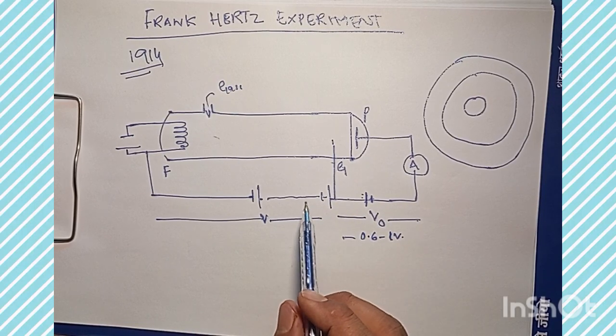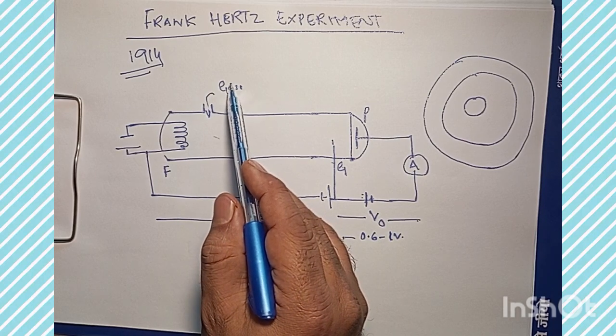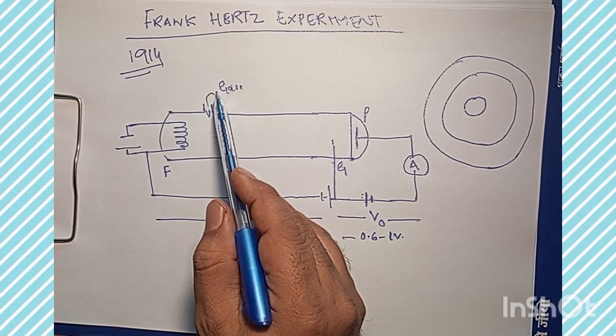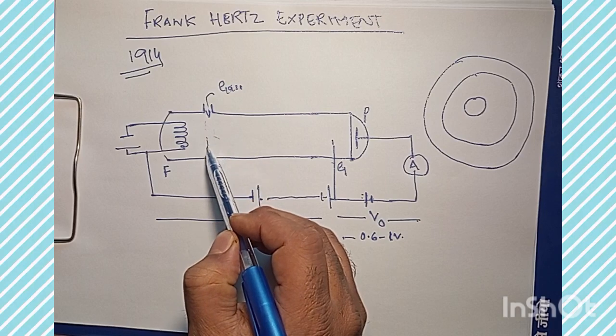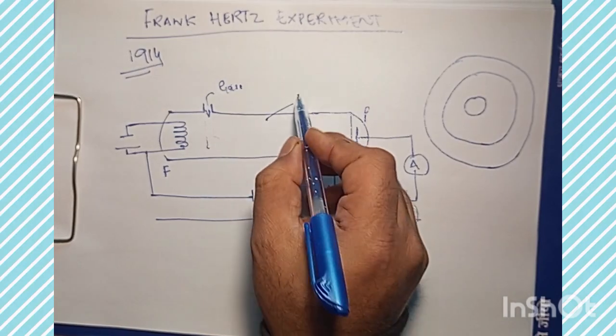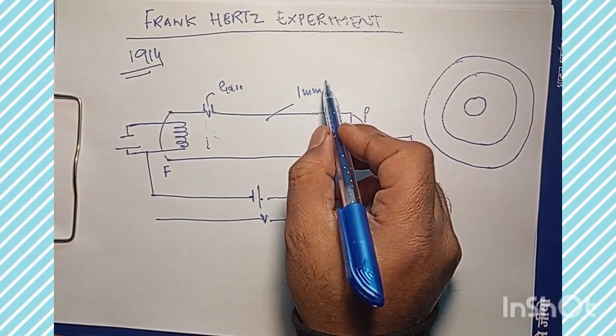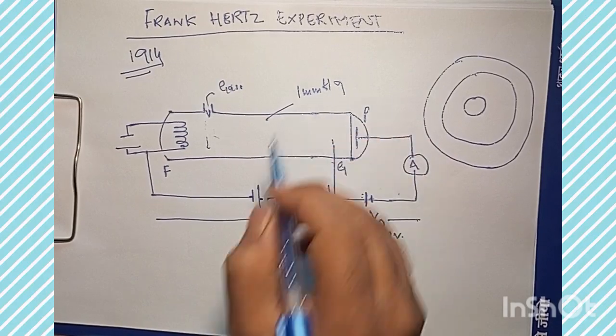Now the gas of the element whose atoms are to be studied, we introduce that in the tube through this inlet, and this tube is maintained at a pressure of 1 mm Hg.